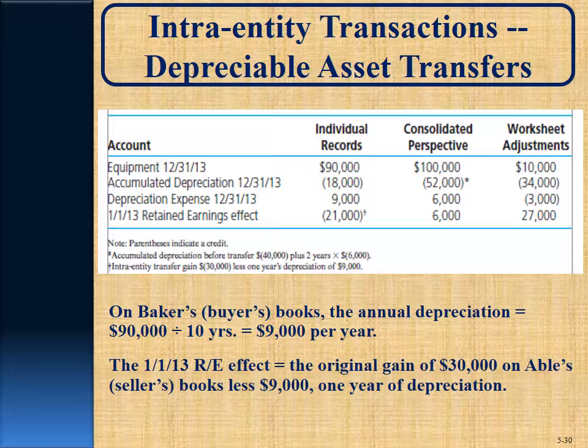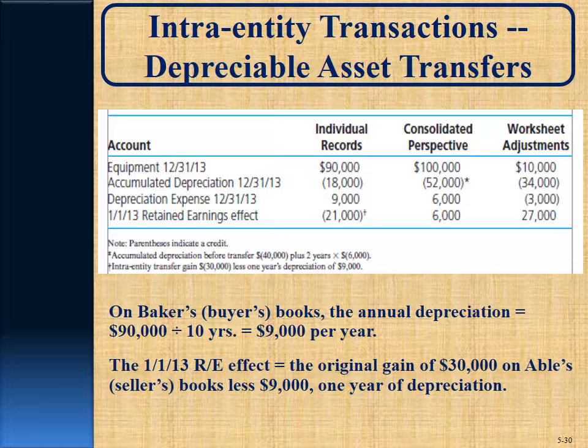So $21,000 is Able's and Baker's added together. The individual records, the beginning balance of retained earnings for Baker and Able added together, have an effect from this transaction of $21,000 positive. So there's more in retained earnings when you combine those two than there should be.